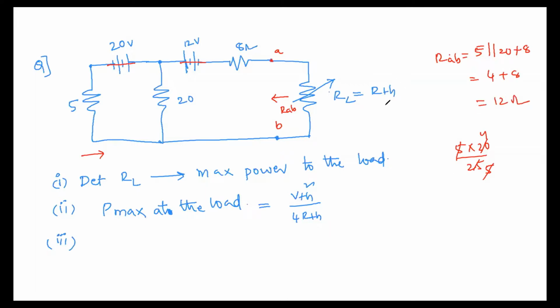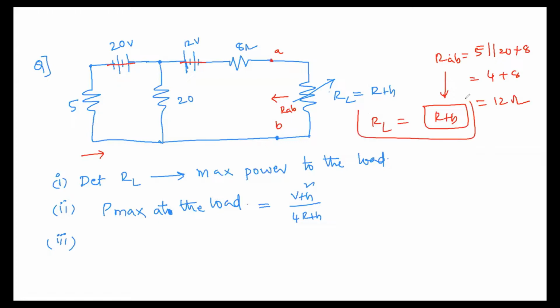RAB is 12 ohms, which is nothing but RTH. So RL is equal to RTH in order to transfer maximum power to the load. So you got the first question.